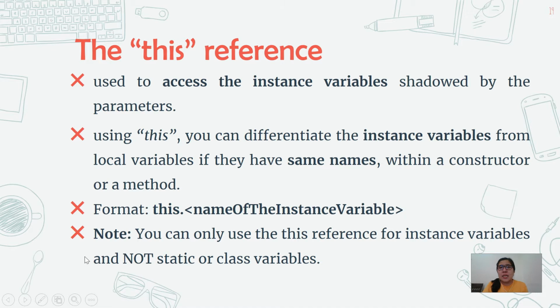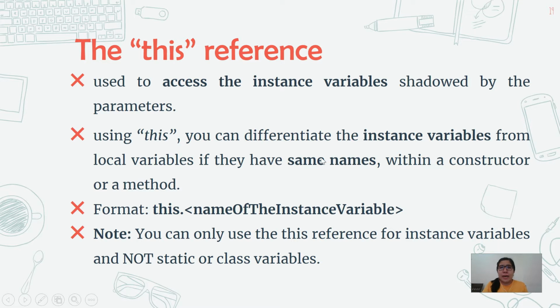Say for instance, we have the student record. Its attributes are the student name and the student ID. So how are we going to apply this keyword? Using this keyword, you can differentiate the instance variables from local variables if they have the same names within a constructor or method.